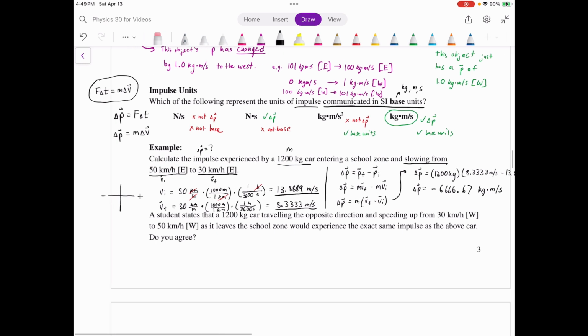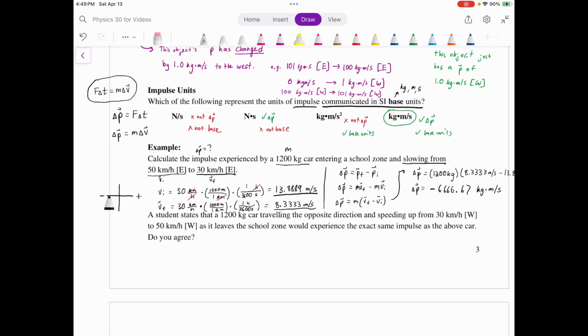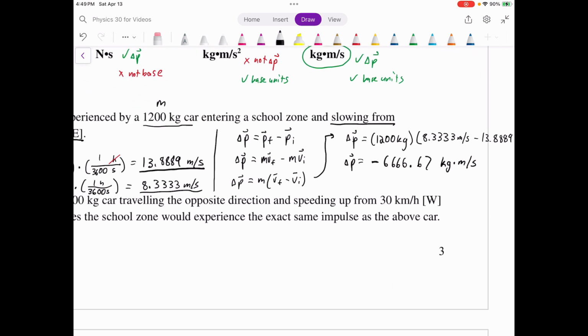We called east positive. So getting a negative answer just means in the opposite direction of whatever we called positive. So this is a westward impulse, right? This car's change in momentum was, to two significant digits, 6.7 times 10 to the power of 3 kilogram meters per second to the west.